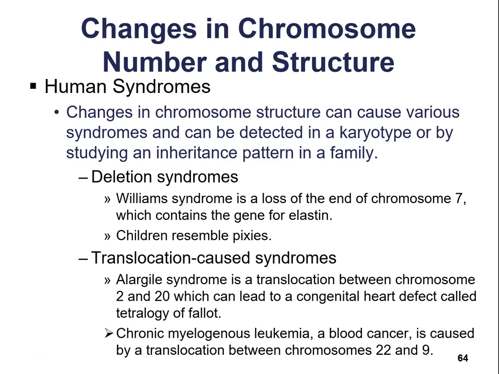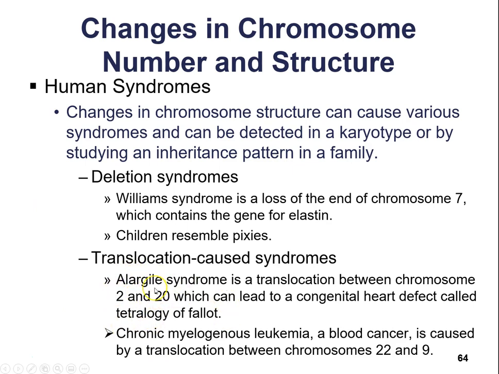So this syndrome is a translocation between chromosome 2 and 20, and it leads to a particular congenital heart defect called tetralogy of Fallot. Basically, there are four characteristic heart issues that occur, so that's where the name comes from, and it's part of this syndrome.